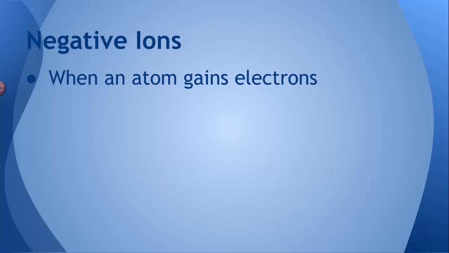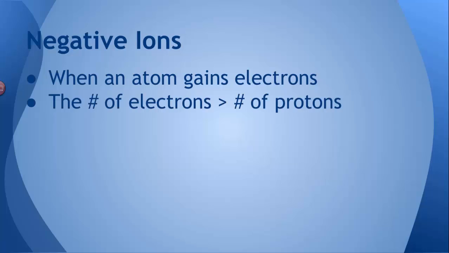Negative ions happen when an atom gains electrons. Here again, gain in math, usually gain is plus, but here gain means negative. Why is that? Well, because if you're gaining electrons, you'll have more electrons than you have protons. And if that's the case, there's more negative charges in your atom, and that gives you a negative charge.